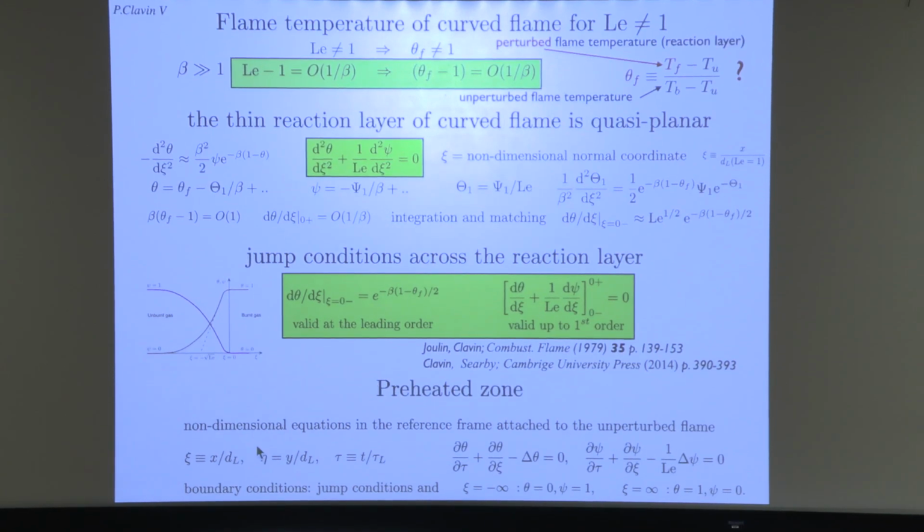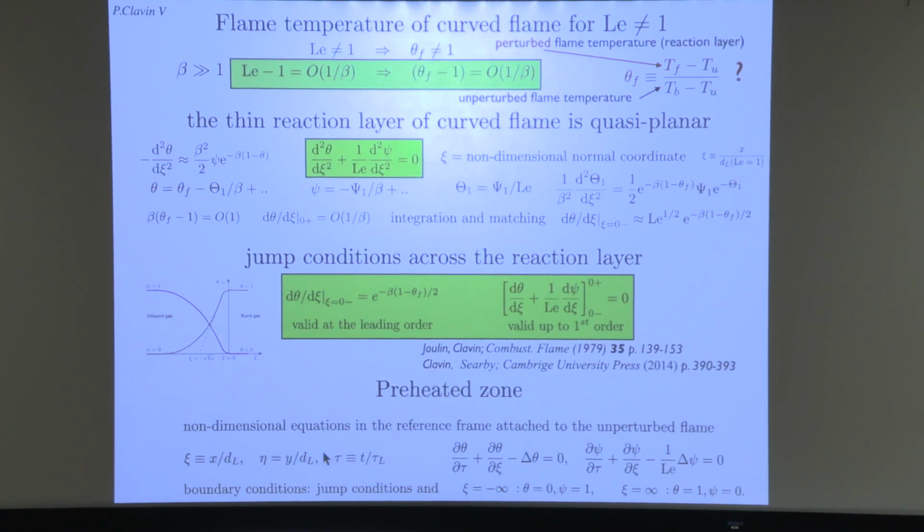As usual, I finish here. What you have to do is to work with non-dimensional quantities. The velocity and the distance should be divided by the laminar flame thickness.